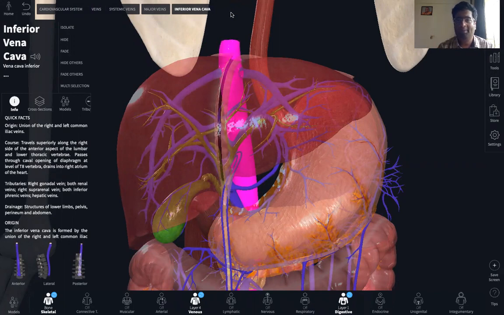The third component of hepatic circulation that we are now left with is the hepatic artery. The hepatic artery is a branch of the aorta. The descending aorta branches to give rise to the hepatic artery. That will be the next structure I'll highlight on my screen.